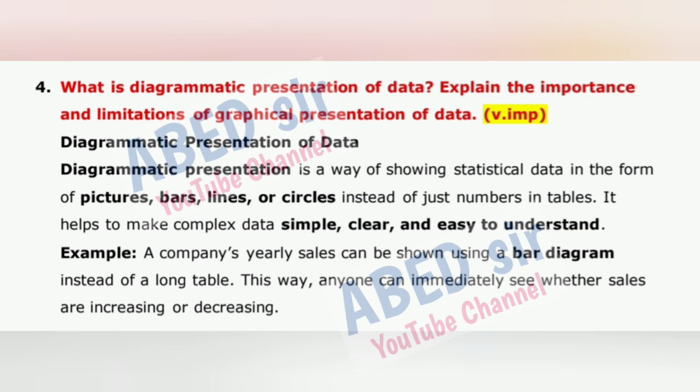It helps to make complex data simple, clear, and easy to understand. Example: a company's yearly sales can be shown using a bar diagram instead of a long table. This way, anyone can immediately see whether sales are increasing or decreasing.